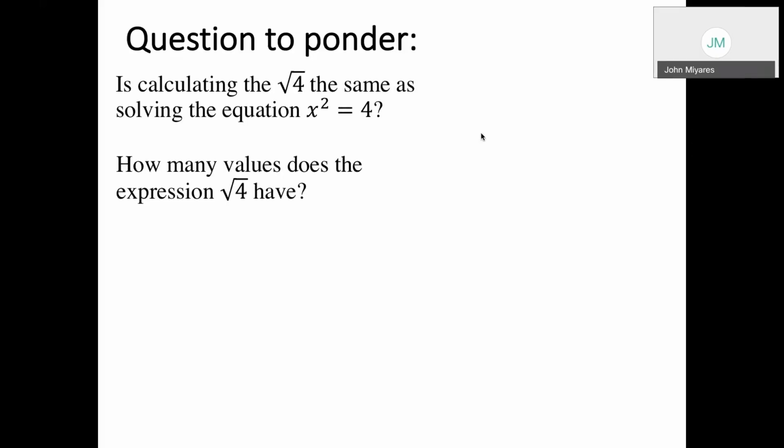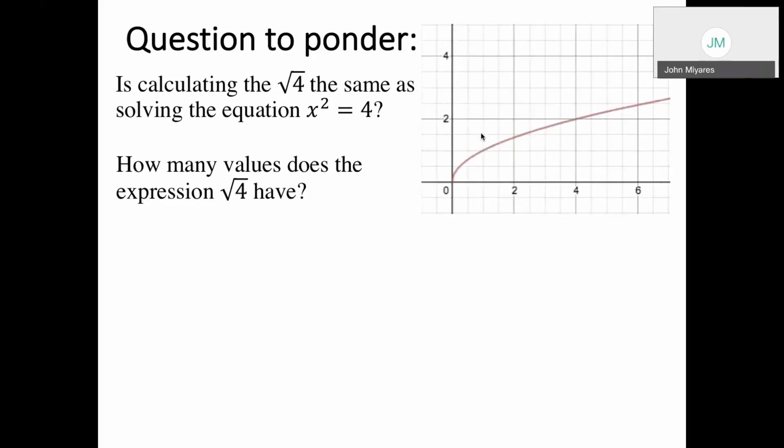When we were forced to define the square root function as a function, we restricted the range to consist of only positive numbers so that this graph could pass the vertical line test and satisfy the definition of a function, where each x plugged into the function can only generate one y value.